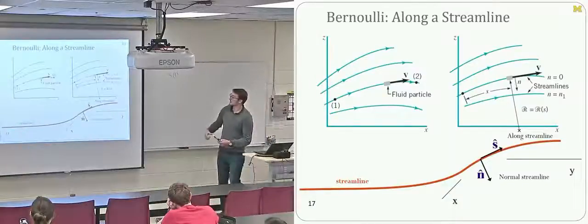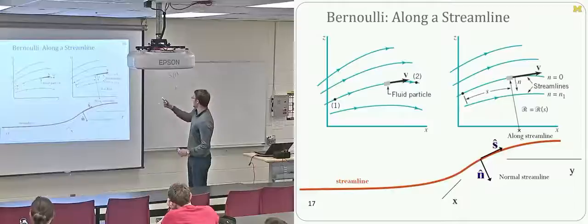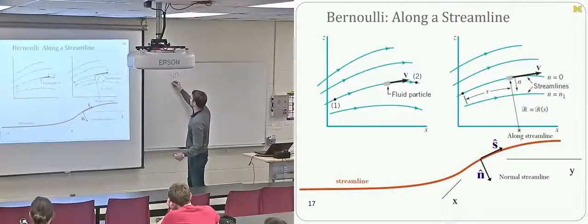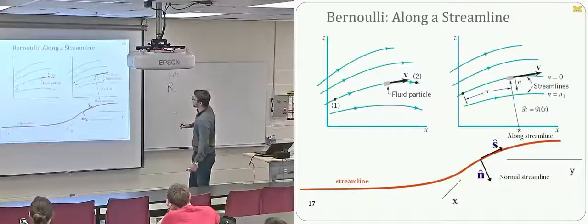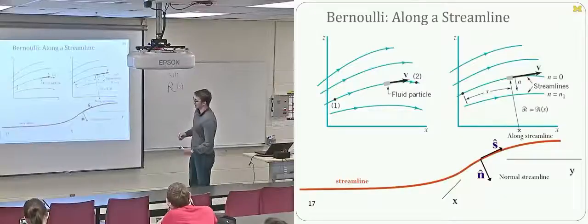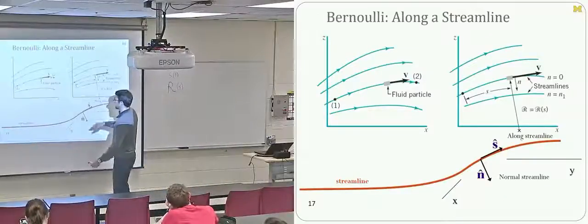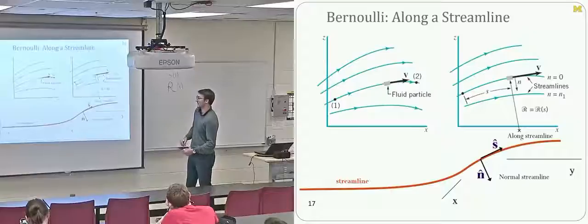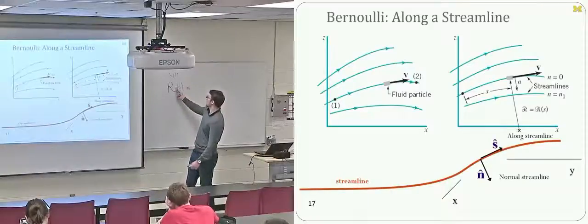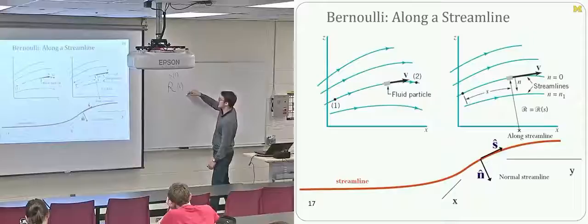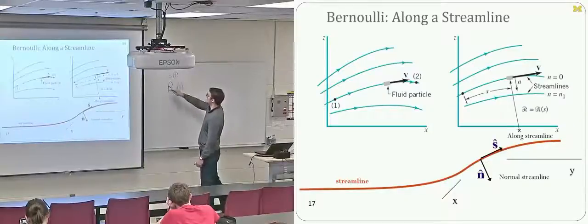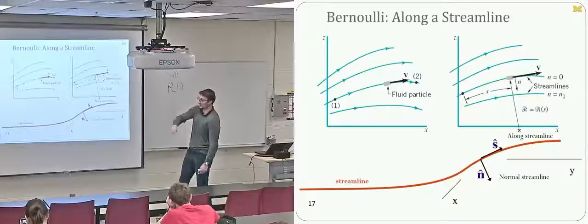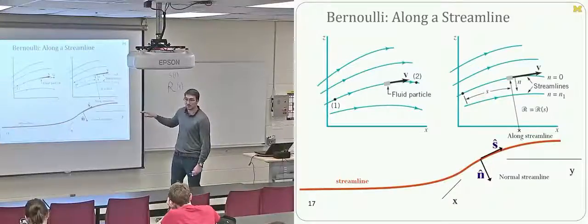The second descriptor of the shape of the streamline is the radius of curvature as a function of s. That is the instantaneous amount of curvature present in the streamline, and so this is a function of the length along the streamline. With these two quantities, the distance along the streamline and the radius of curvature as a function of the distance along the streamline, we can completely describe the shape of the streamline itself.